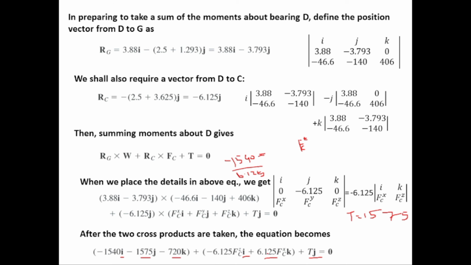Comparing k components, minus 720k plus 6.125 into FCX equals to 0. Now move 720 to the other side of the equality, so we will get 6.125 FCX equals to 720. Then divide 720 by 6.125, that will be equal to FCX.